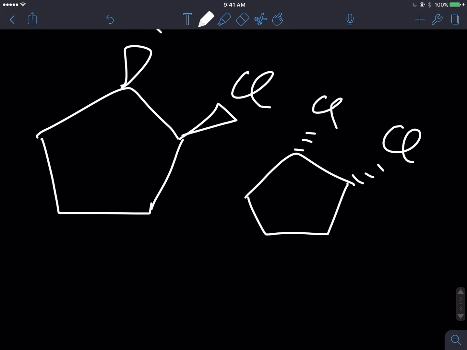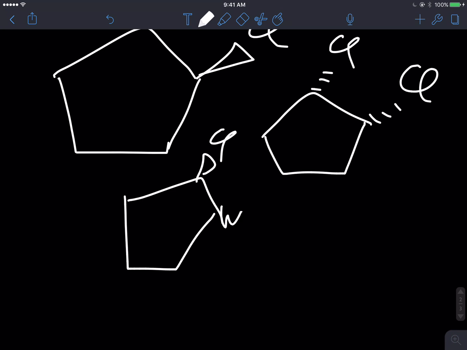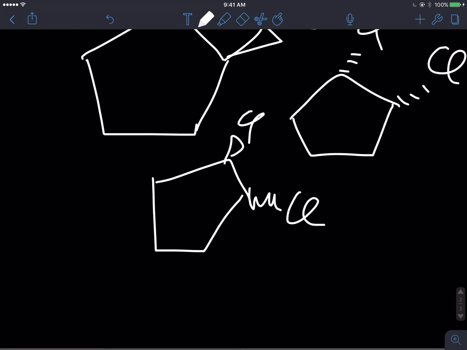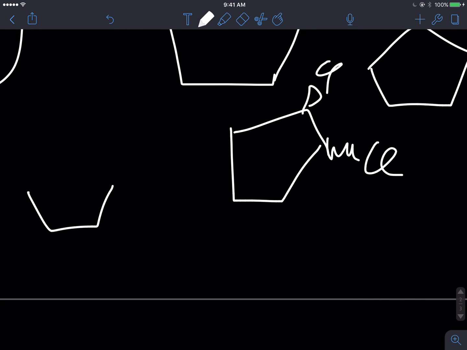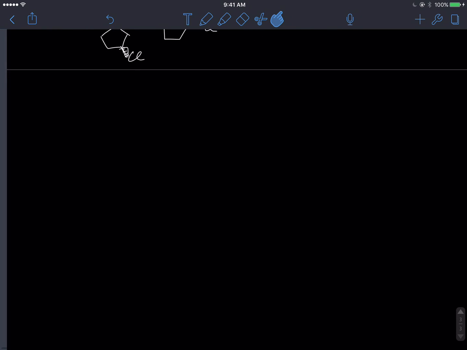Or you can do one up and one down. One down. Yep. You squeeze that into here. Right here. And right here. Yep. And then put one dash and one wedge. And then it wedge and then dash. Okay.